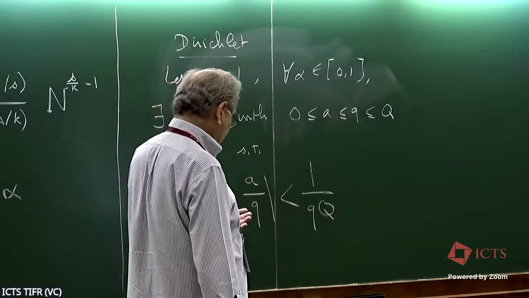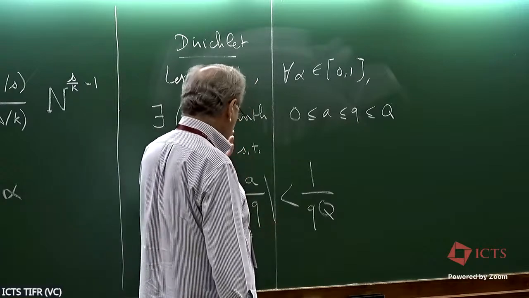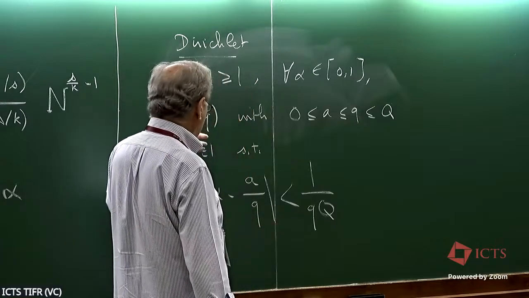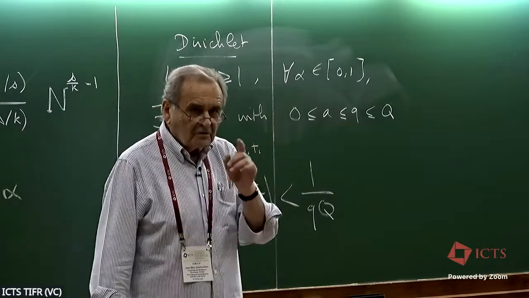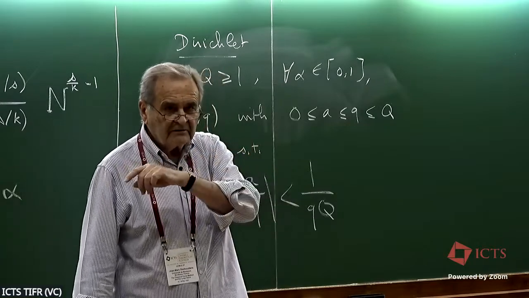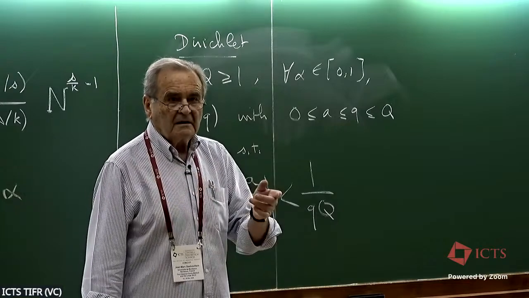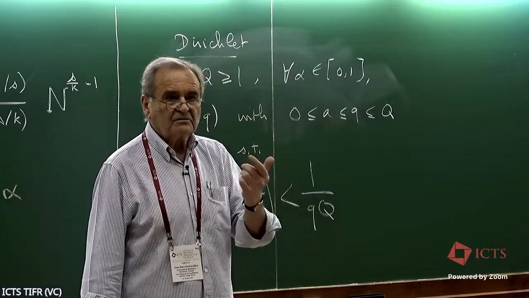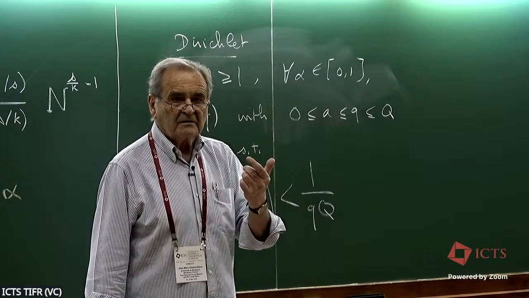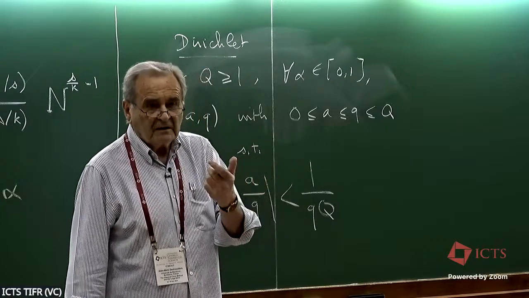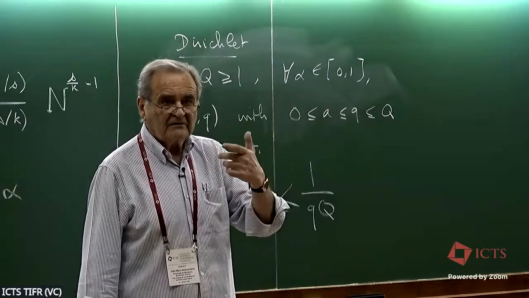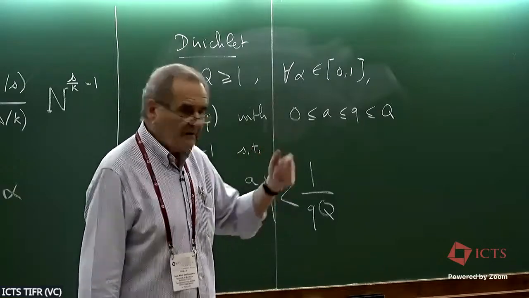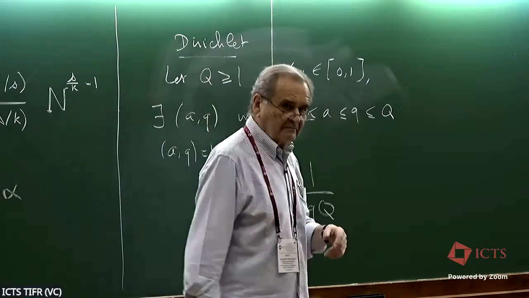You take your set of A over q, and you put alpha in those boxes, and alpha has to belong to one of the boxes, or two of them, because they are too numerous. You have more than Q plus 1. Not exactly, you have exactly Q of them, but you can manage with the edges.